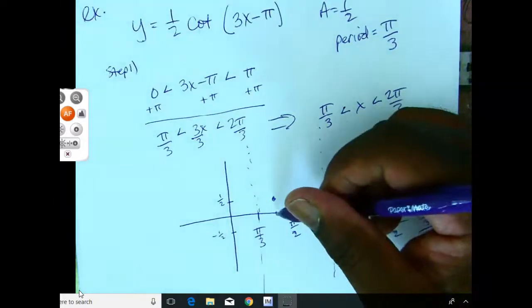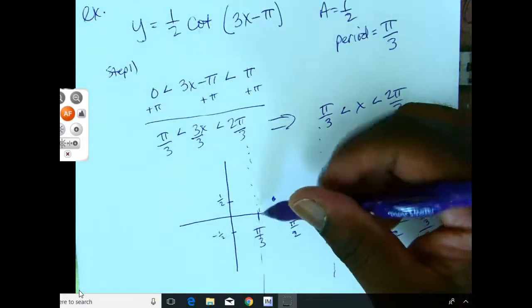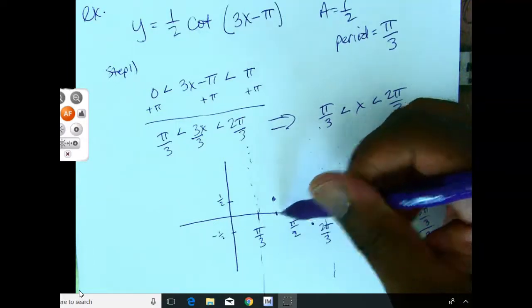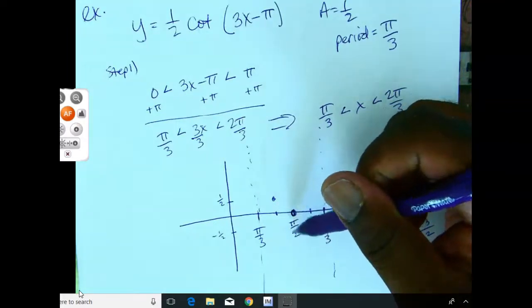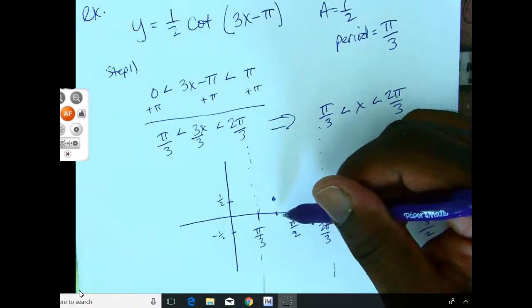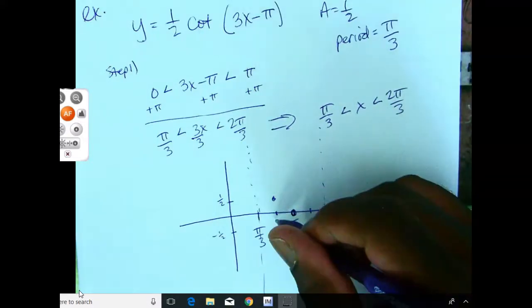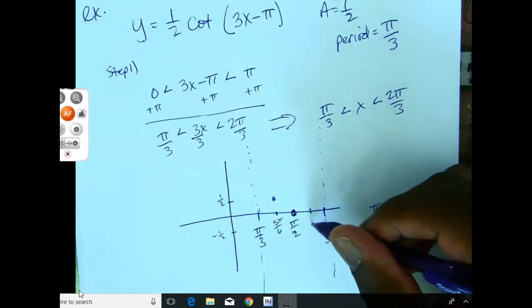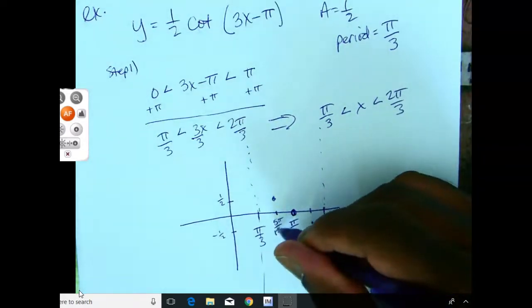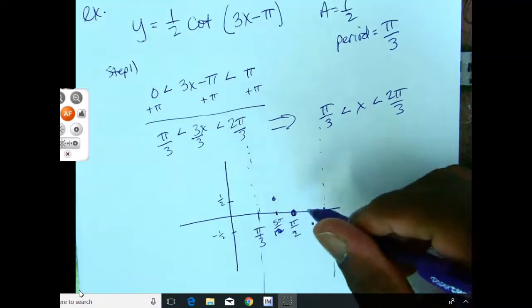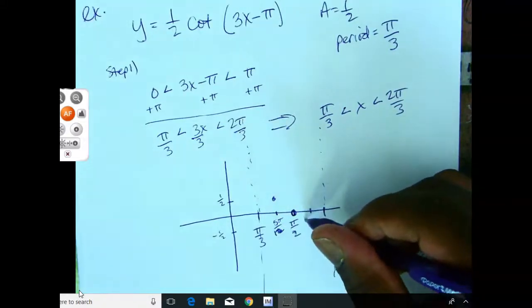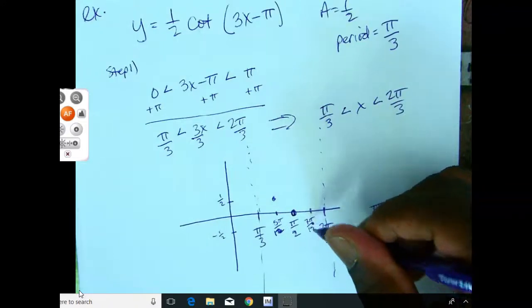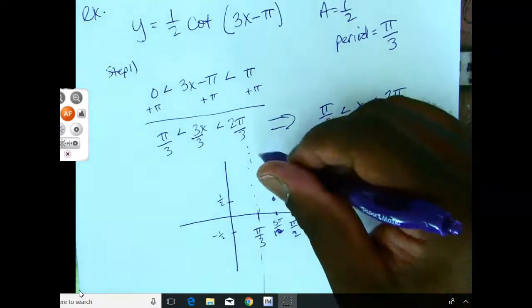Now, in order to find what these values are, we can again go with the midpoint, pi over 3 plus pi over 2 divided by 2. And for this one, we should end up with, I'm sorry, 5 pi over 12. And this one will be 7 pi over 12. So try it, and that's what you should end up with.